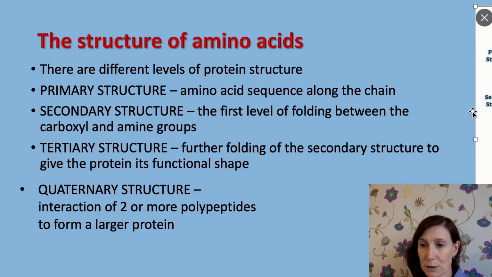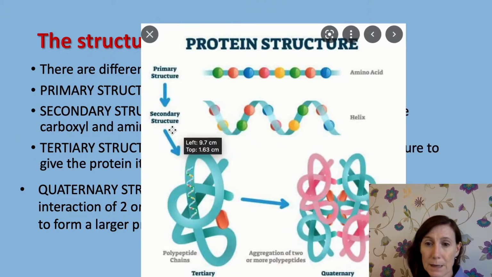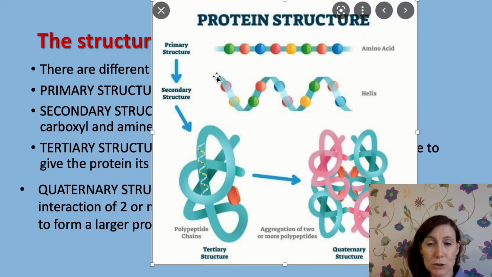If we just go back and have another look at the picture here, you can see what I mean. Here's our secondary structure. In this particular one, what's happened is the chain has twisted on itself to form an alpha helix. Here's the alpha helix in here, and we can see that the alpha helices are then twisted around each other to form this unique structure.